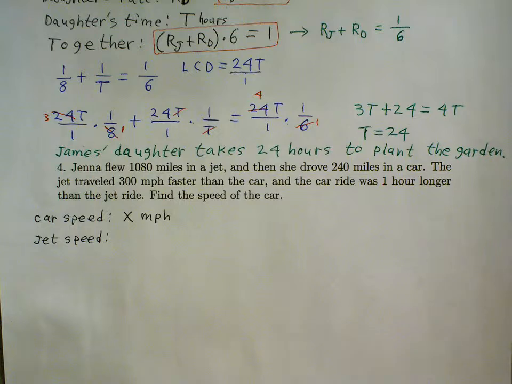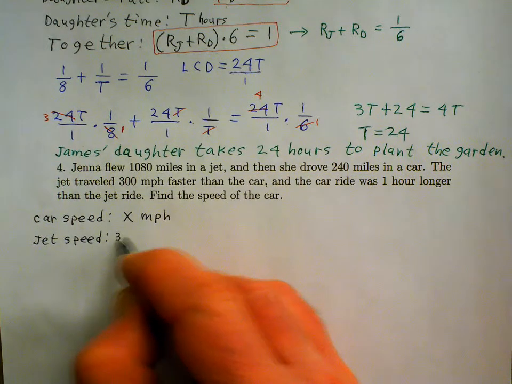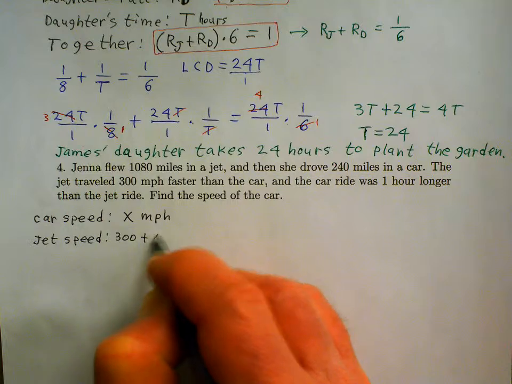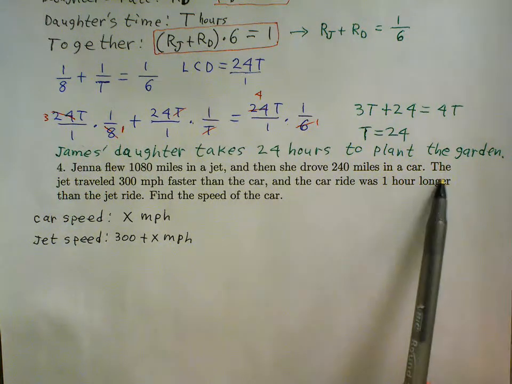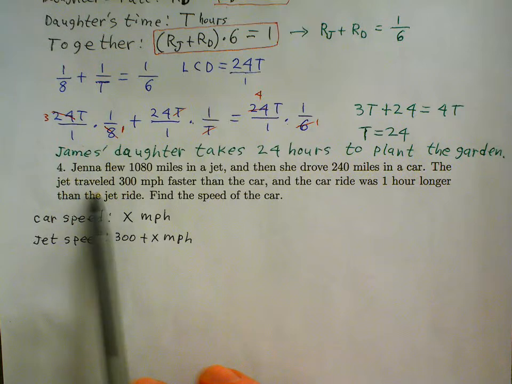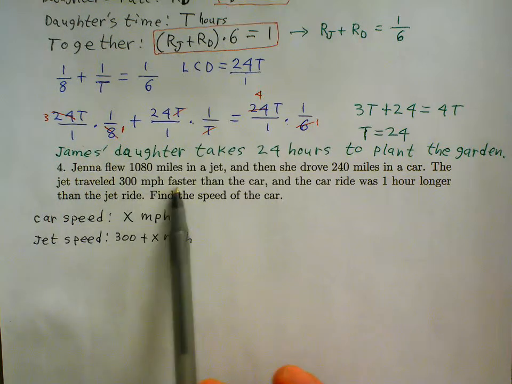So how do we represent the jet speed if x represents the car speed in miles per hour? 300 plus x. Yeah, 300 plus x miles per hour. That's given in the first part of the second sentence. The jet traveled 300 miles per hour faster than the car.